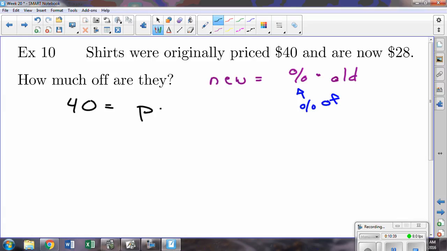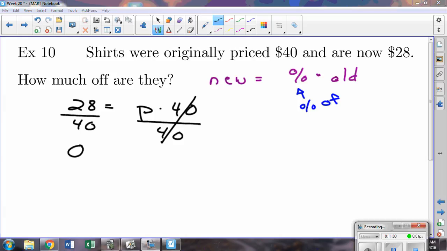The new value is 28. The original value was 40. Thus, we can solve this equation simply dividing by 40 and converting that into a decimal. 28 divided by 40. That's 0.7.